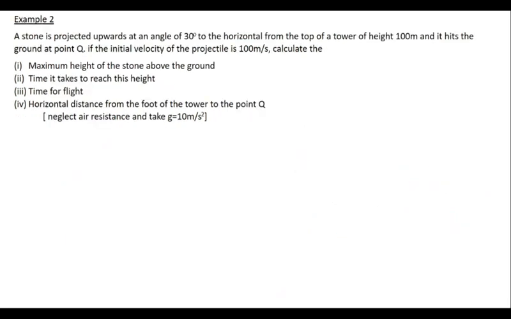Now, example number 2, and it reads: a stone is projected upwards at an angle of 30 degrees to the horizontal from the top of a tower of height 100 meters, and it hits the ground at point Q. If the initial velocity of the projectile is 100 meters per second, calculate I, the maximum height of the stone above the ground, II, the time taken to reach this height, then III, the time of flight, and then IV, the horizontal distance from the foot of the tower to the point Q, or simply the range.